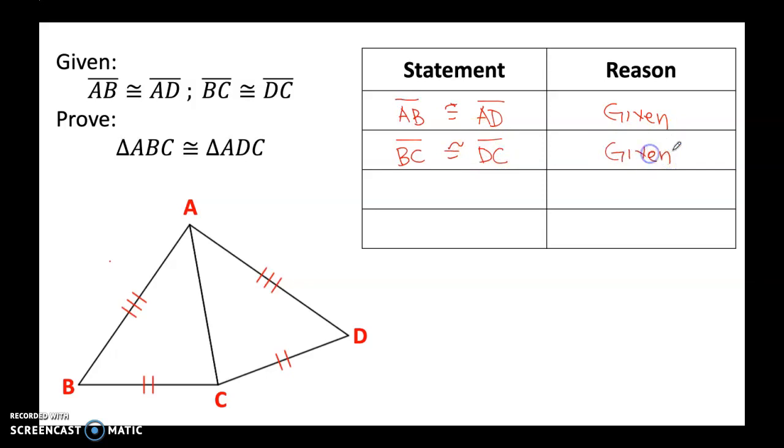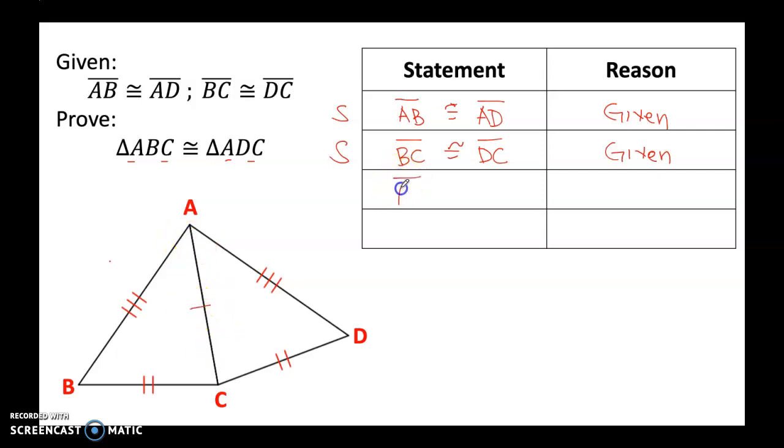See, we only need one part congruent at a time. So we have the side. Next, given triangle ABC and triangle ADC, we have segment AC congruent to segment AC.